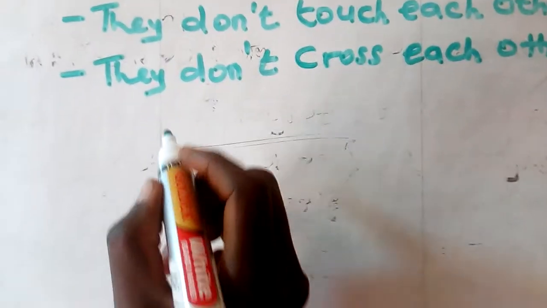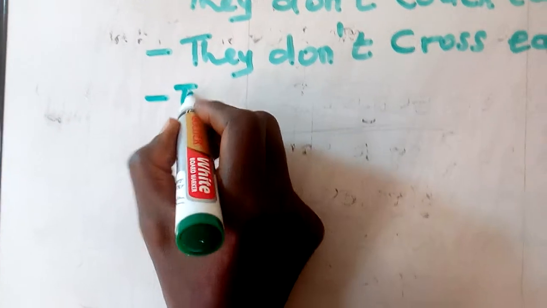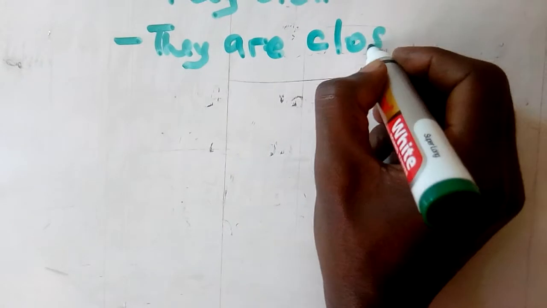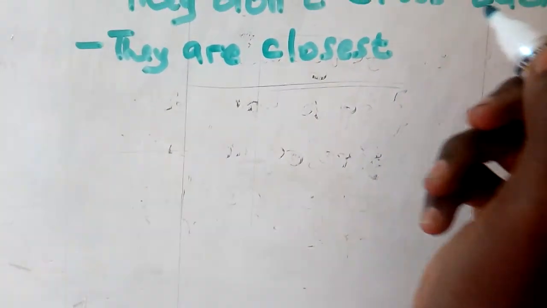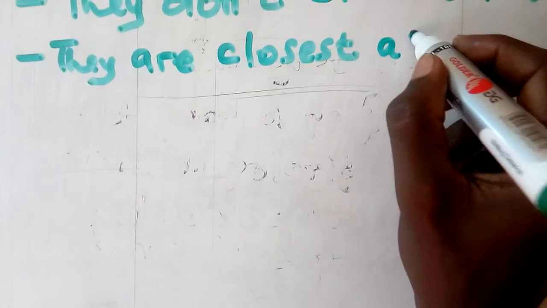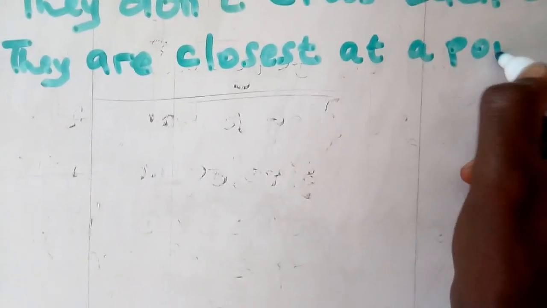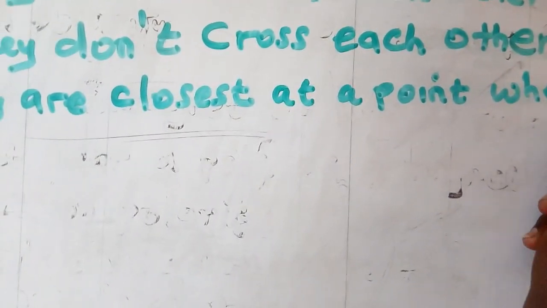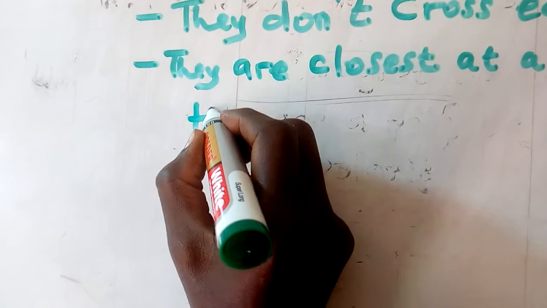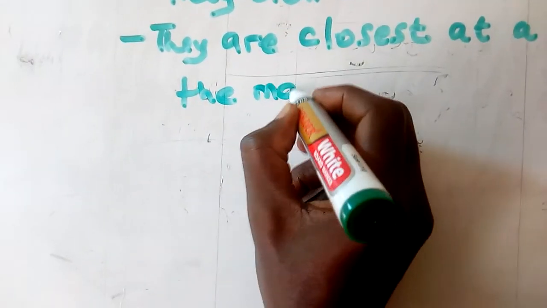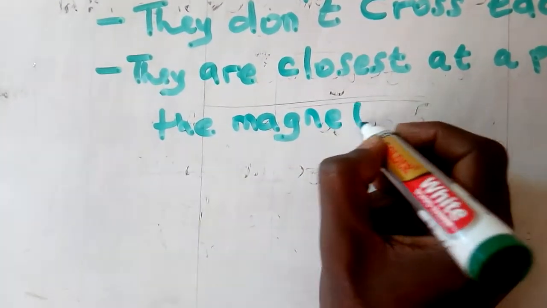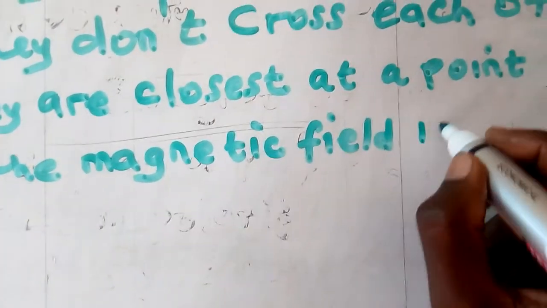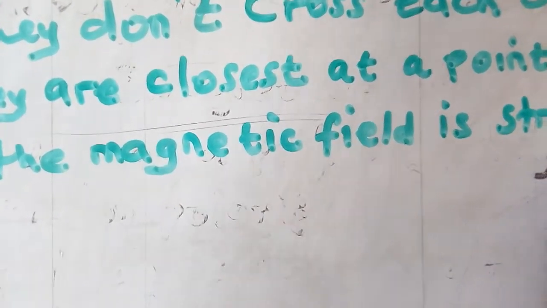Next, they are closest at a point where the magnetic field is strongest.